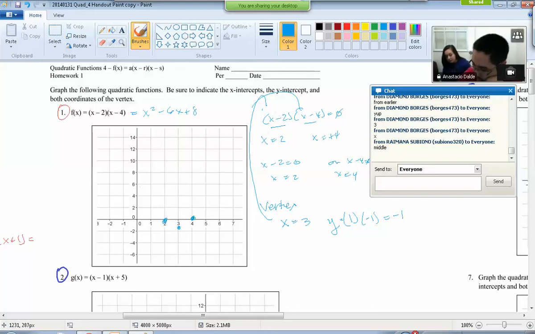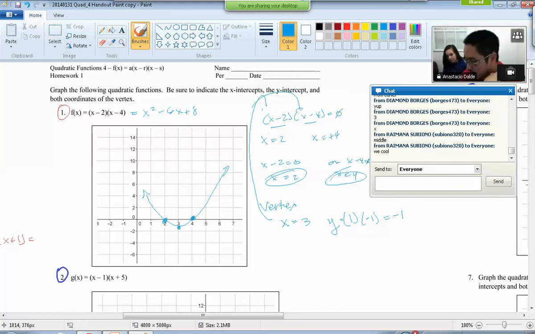It's negative 1, so it kind of goes like that. So it should probably look something like that. We cool? No table. You want me to indicate what the x-intercepts are? Fine. 2, 4, and 3 comma negative 1. That's the vertex. Good?